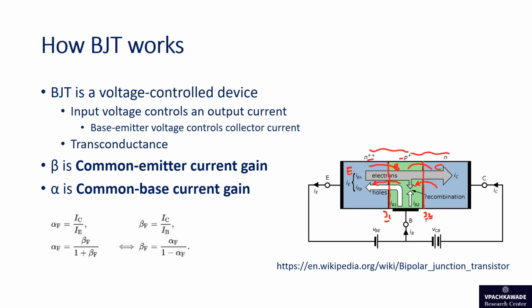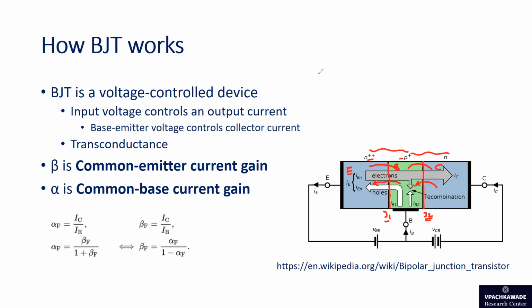And here also, across junction J2, another region called the depletion region is formed. This process happens for a while, and after the equilibrium position is reached, what you have is a depletion region which is depleted of any charge carriers, and a built-in potential is generated across the junction J1 and J2.